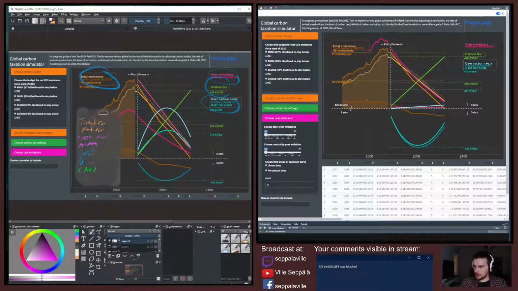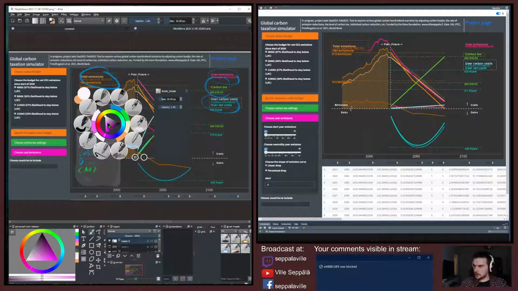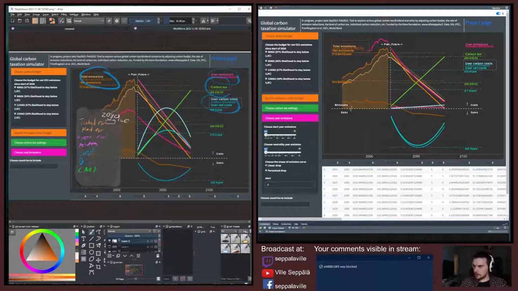So for example here, 2080 value. We would have 5 gigatons here and 0 gigatons here and so on. And there could be a dashed arrow that points here.